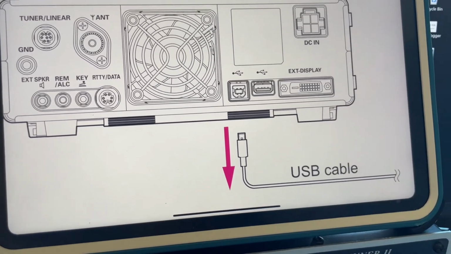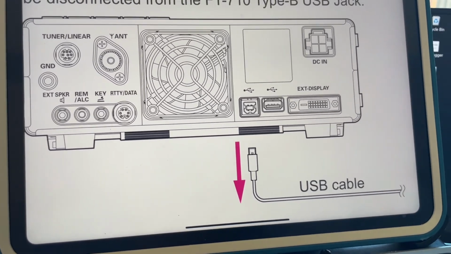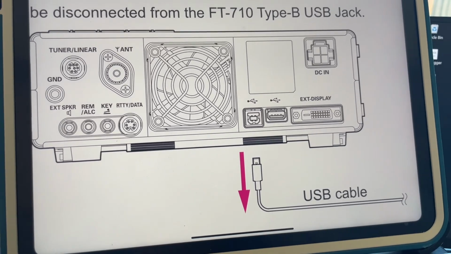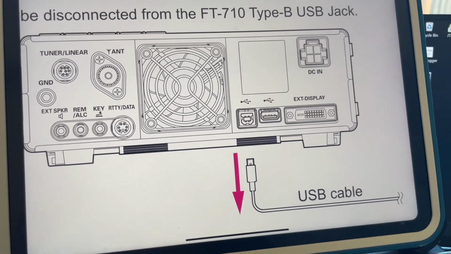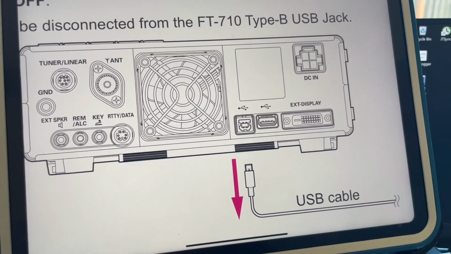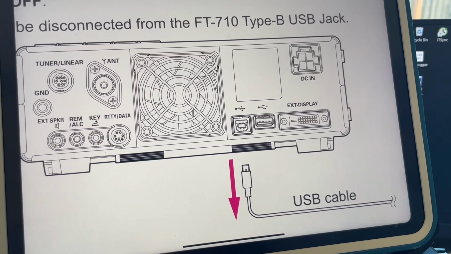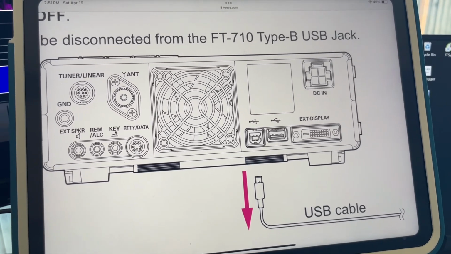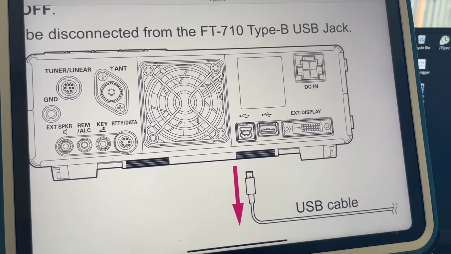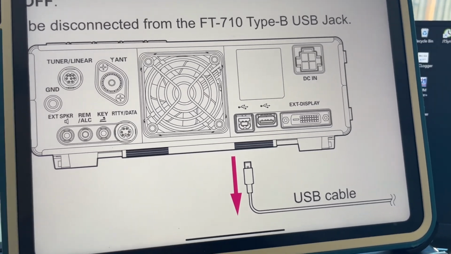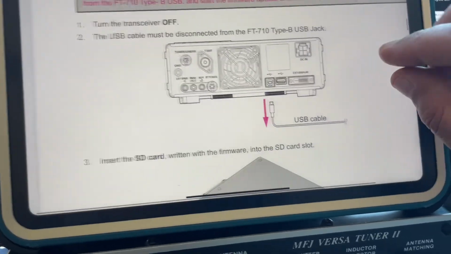But I am using a computer to control my radio, do FT8, PSK31, and also some control programs, like some logging programs like N1MM, and then the SKCC logger as well. Okay, so we're going to continue.